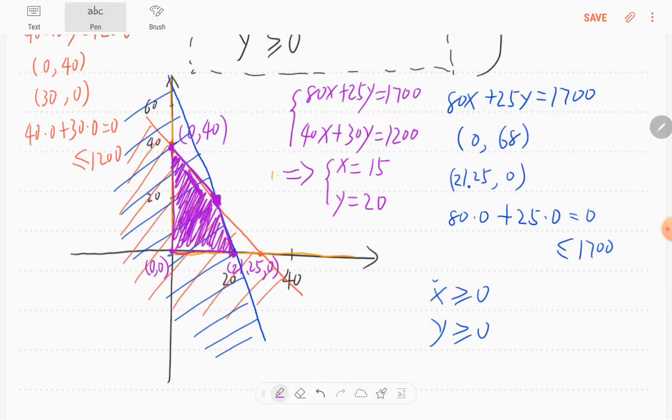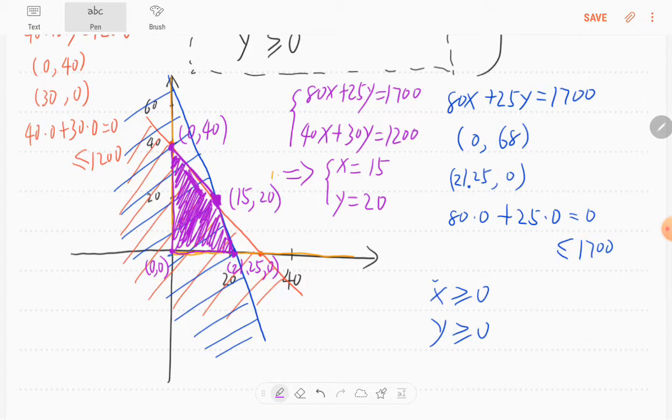We can multiply the second equation by negative 2, then add it to the first equation. You will eliminate x. We can use the elimination method. So this point is (15, 20).